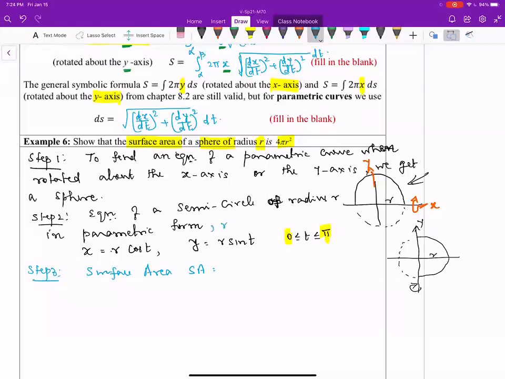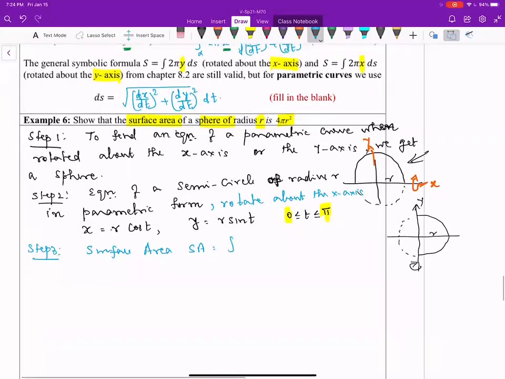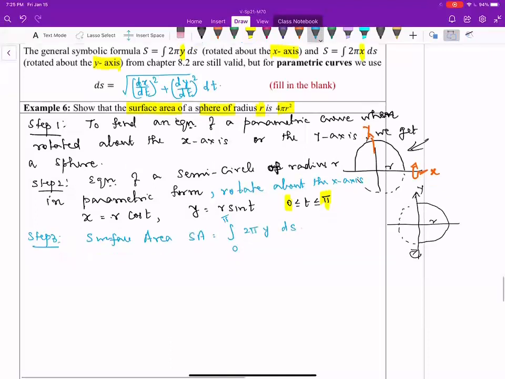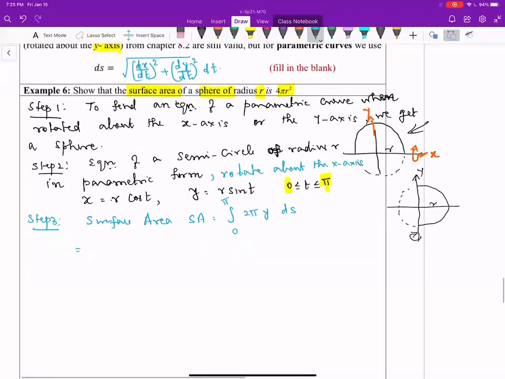So the surface area will be the integral from 0 to pi of 2 pi y ds, converted to parametric form, because it is rotated about the x-axis, so you have to use y.